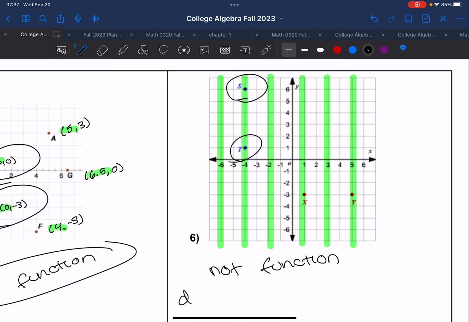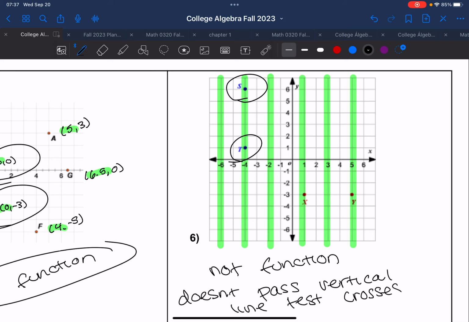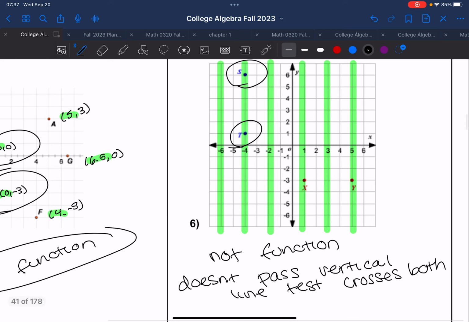So I'm going to say doesn't pass vertical line test, crosses both point S and T.